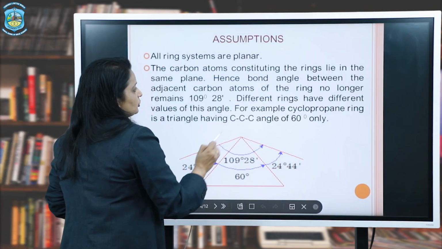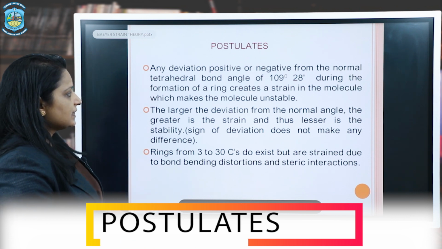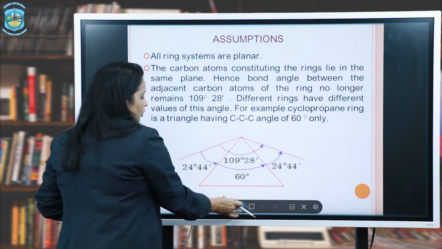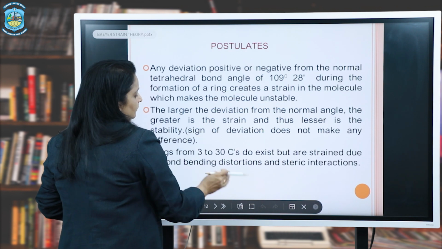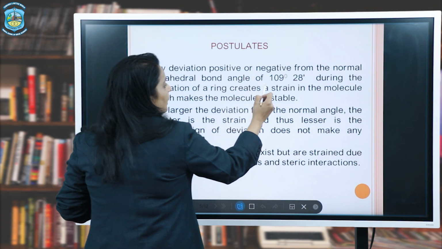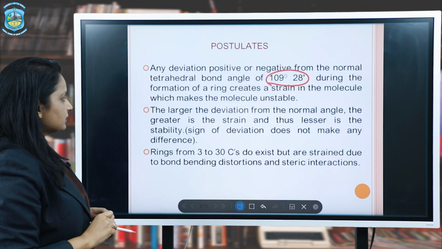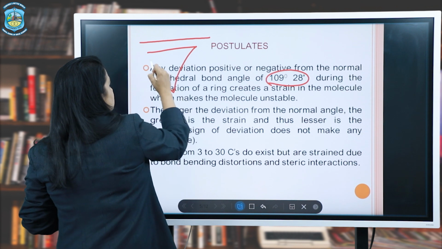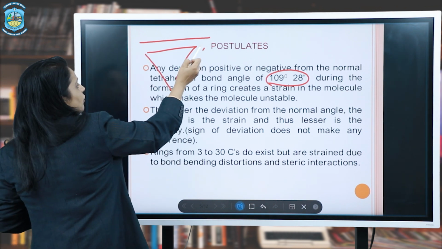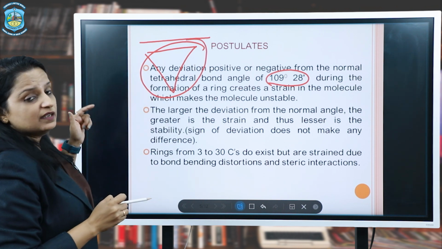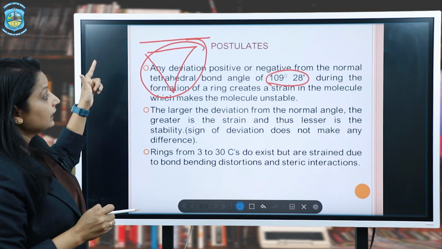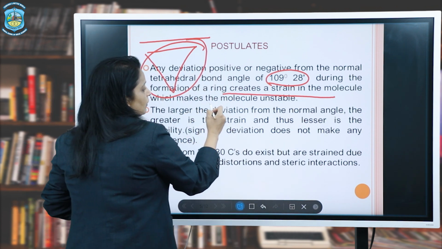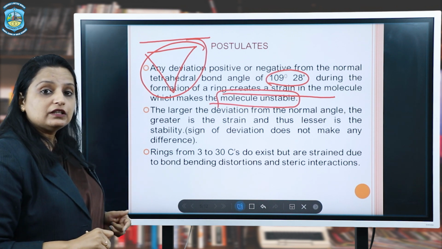So let's discuss the postulates. The first postulate was that any deviation, that means either positive or negative, from this bond angle of 109 degree 28 minutes, when you are having an open chain and you are constructing a ring, creates a strain in the molecule, which is one of the reasons of instability caused in the molecule.